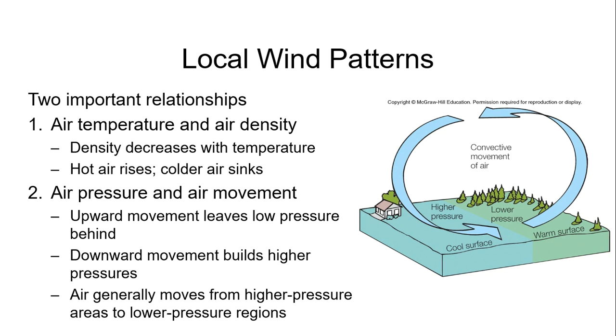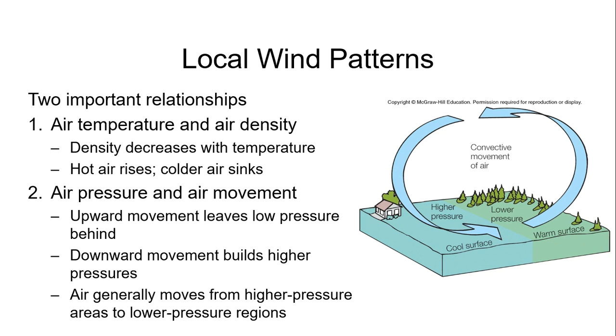Now, to understand the local wind patterns, we need to understand two very important relationships. One is the relationship between temperature and density. The relationship between temperature and density is that when you increase the temperature, you decrease the density.